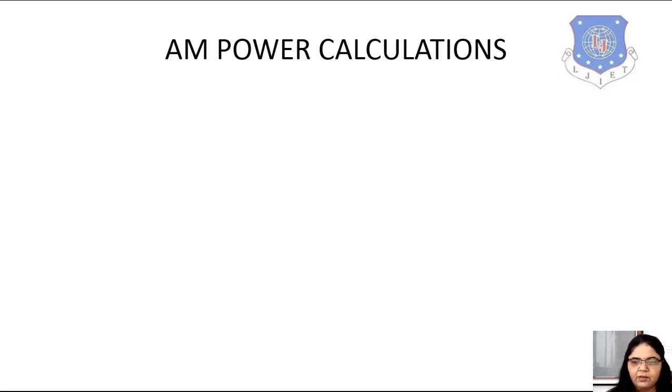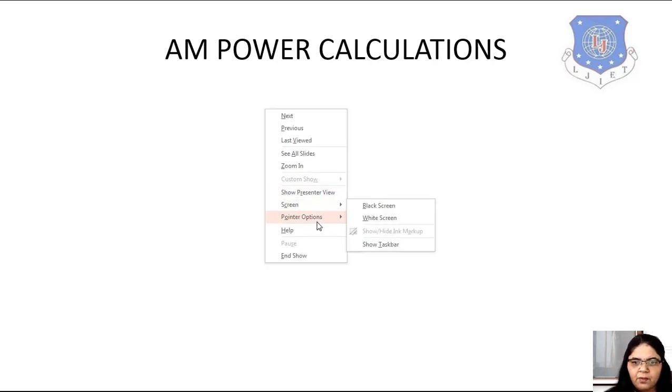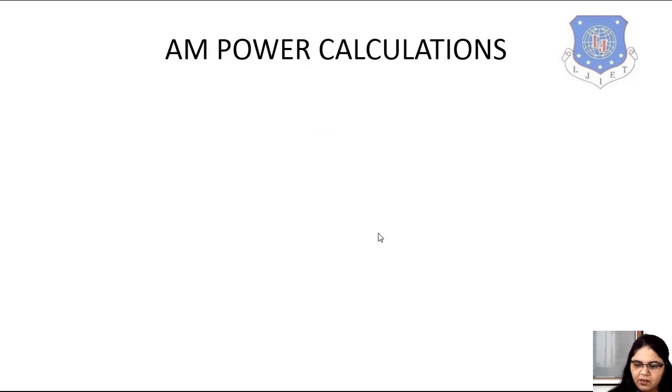Now we'll do the calculation of the AM power. First of all, I need to calculate the total power. The total power is denoted by PT.